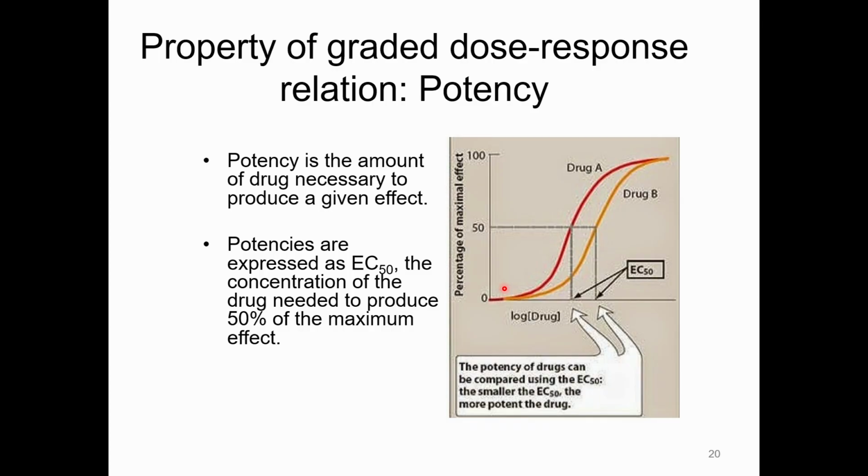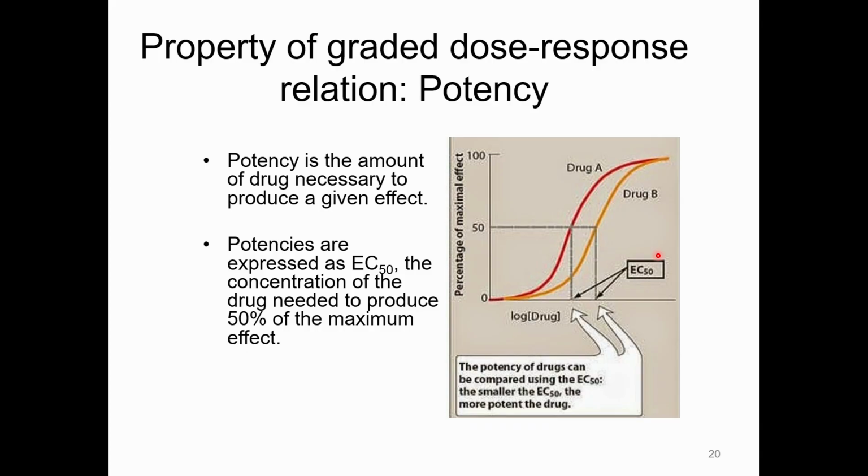So here is another example. We have two drugs, drug A and drug B. Which one's more potent? What do you guys think? A? Yeah, A is more potent. Which one has better efficacy? Or is there one that has better efficacy?